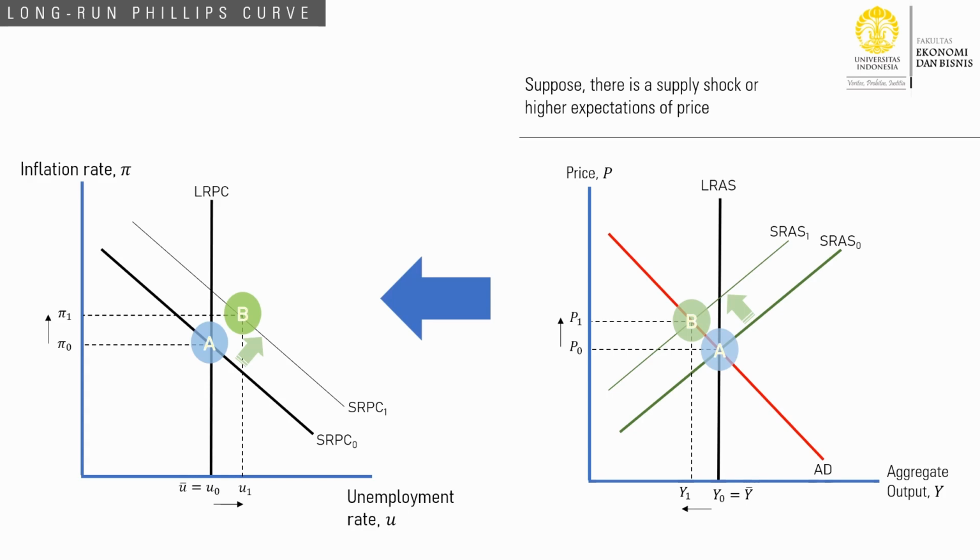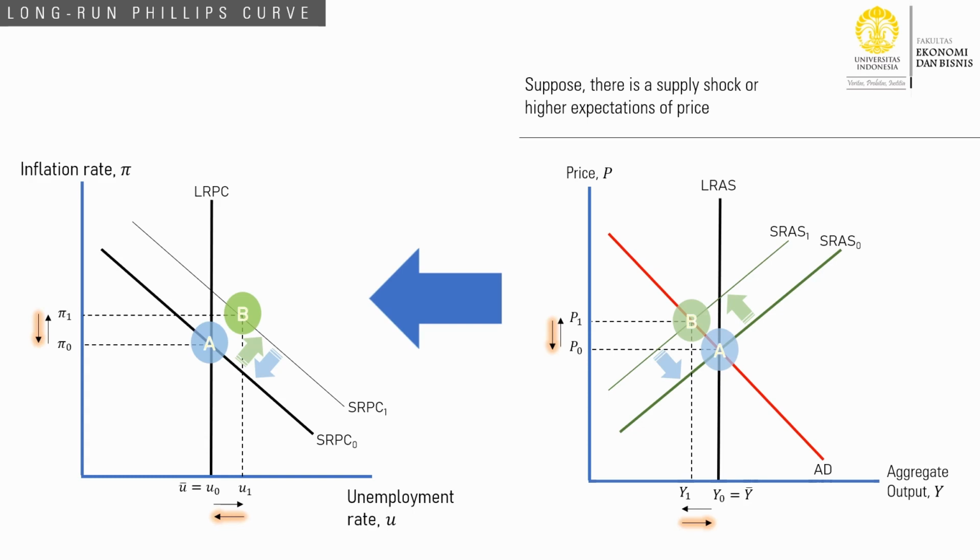Then after the stagflation and the wage spiral effect, the price expectation continues to decline and shifts the SRAS back to SRAS 0, returning price and output to their initial levels at point A. As SRAS shifts back to SRAS 0, SRPC also shifts back from SRPC 1 to SRPC 0, returning inflation to P0 and unemployment to its natural level at U bar or U0.